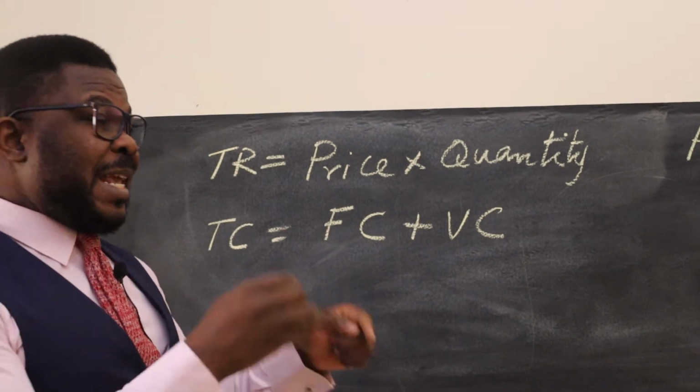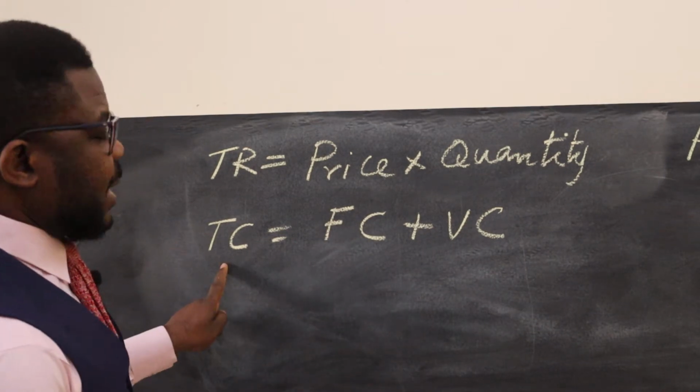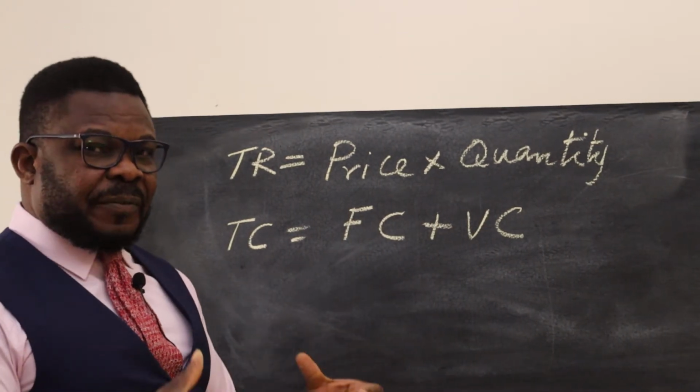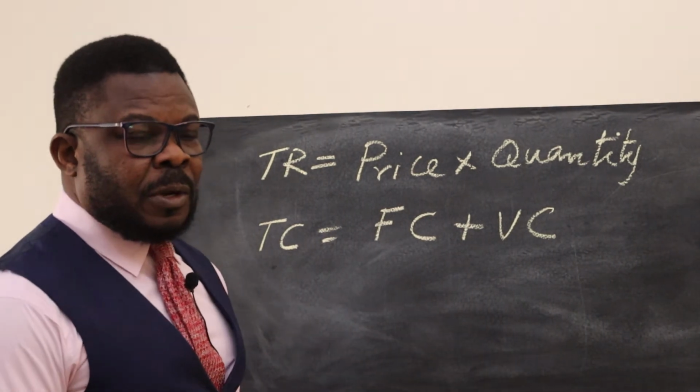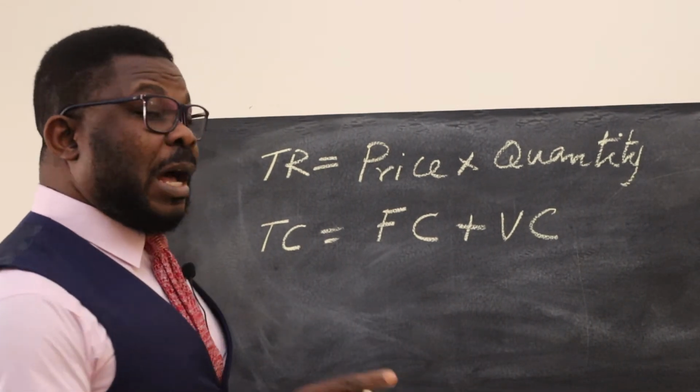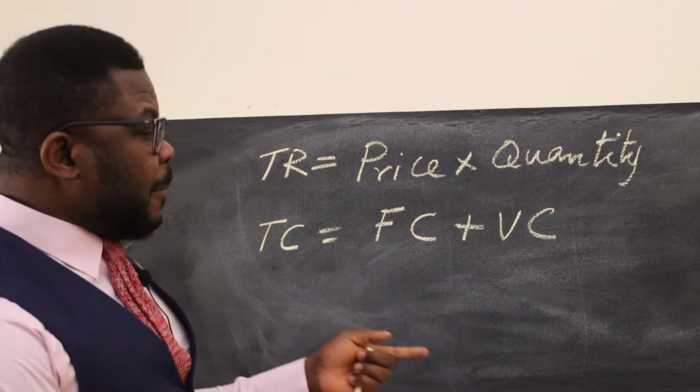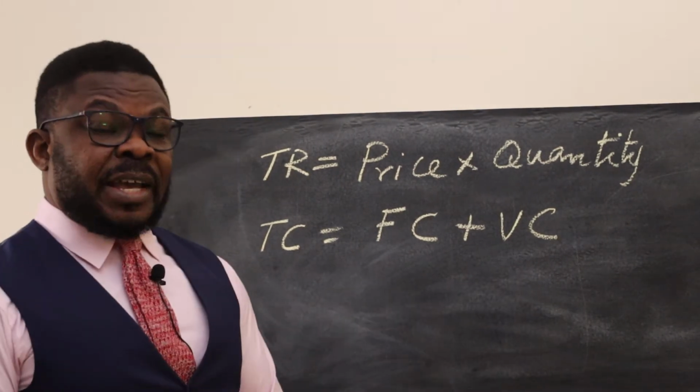But because we need to break this down into the average, we need the average to be able to work out what we need to calculate. What I'll ask you to do is to divide this equation by quantity.